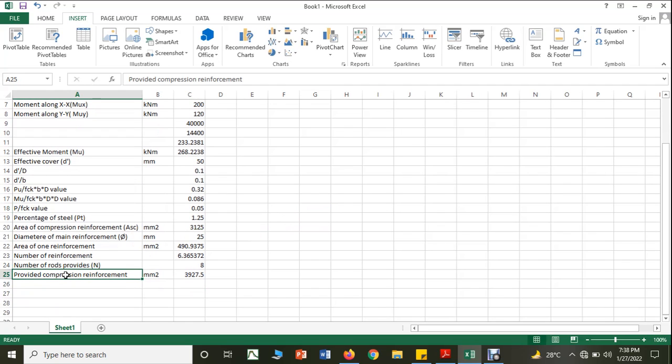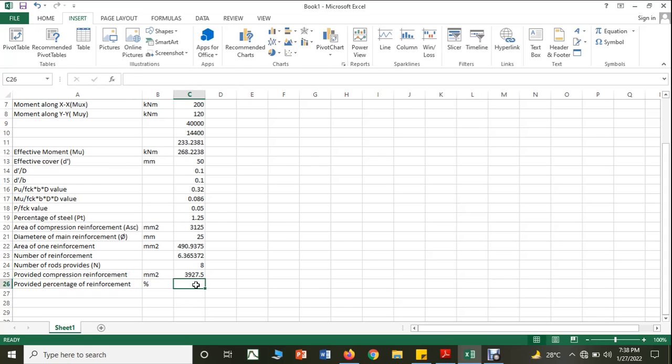Then finally, the provided percentage of reinforcement, I can write, so that will be in percentage only.